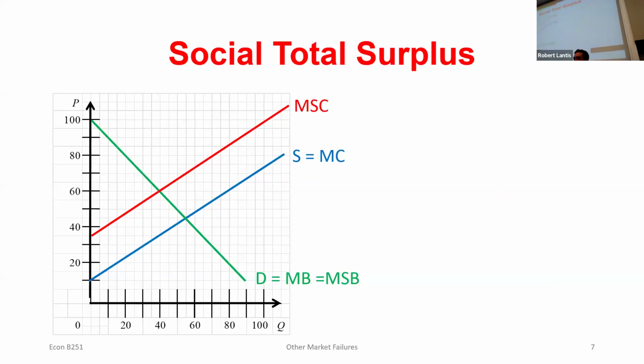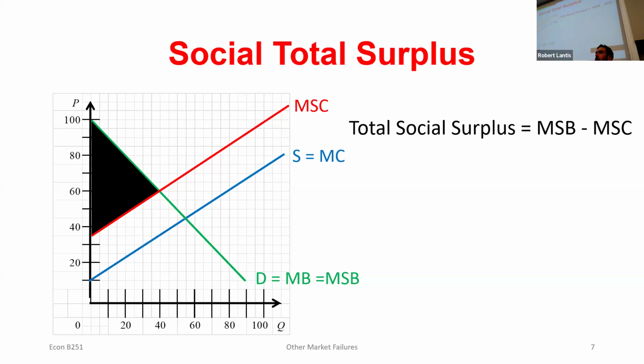So what happens to surplus? We're thinking about society surplus versus the market. If I'm thinking about society surplus, that's just going to be the difference between society's marginal benefits and society's marginal costs up to whatever quantity we're looking at.